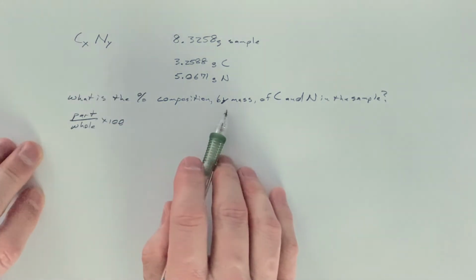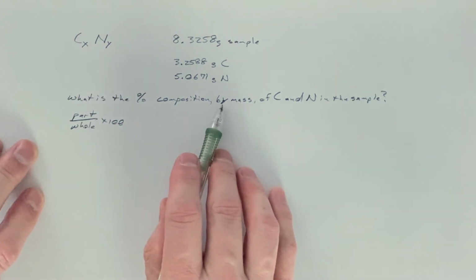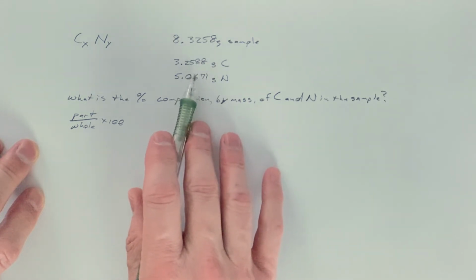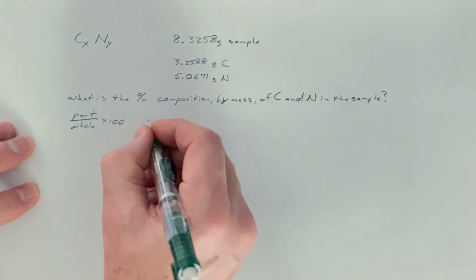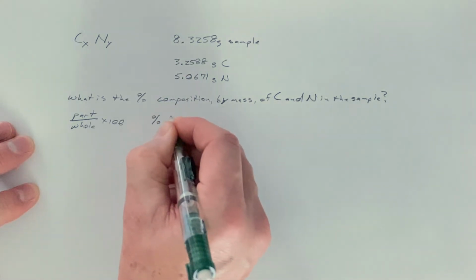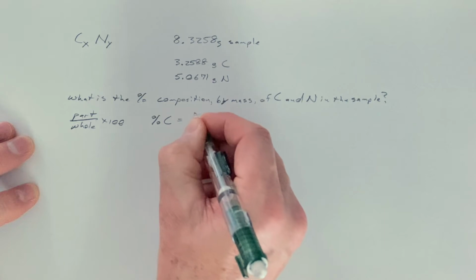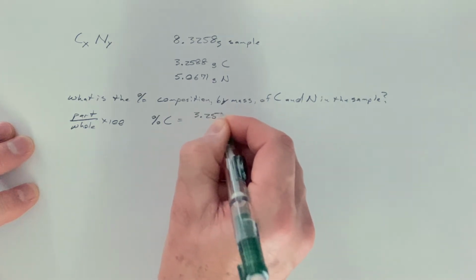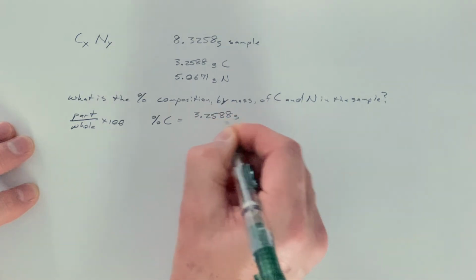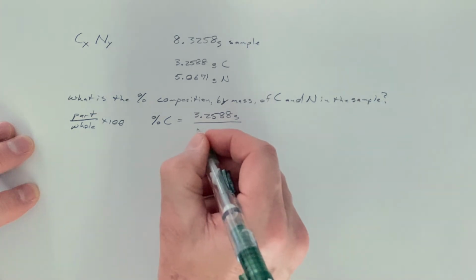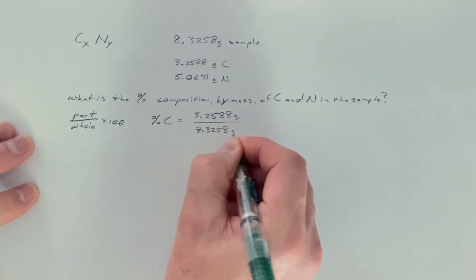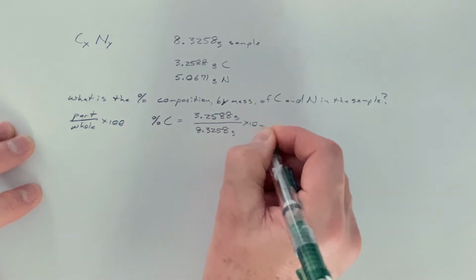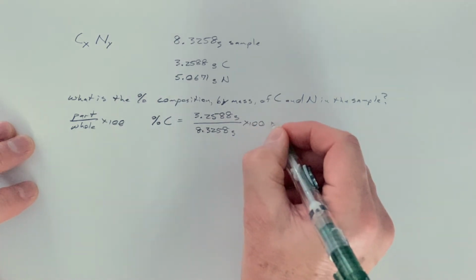Now, in this case, we're told percent composition by mass, and so we have the masses of the parts and we have the mass of the whole. So we shall say the percent carbon in this sample will be 3.2588 grams, and this was of carbon, divided by 8.3258 grams times 100.